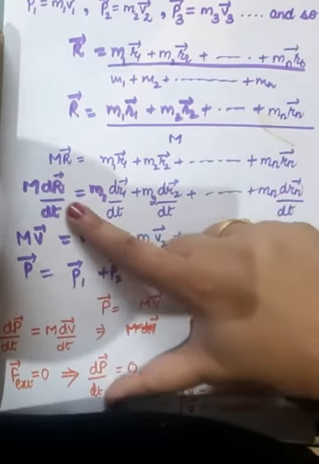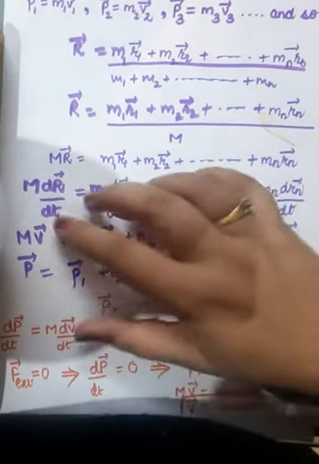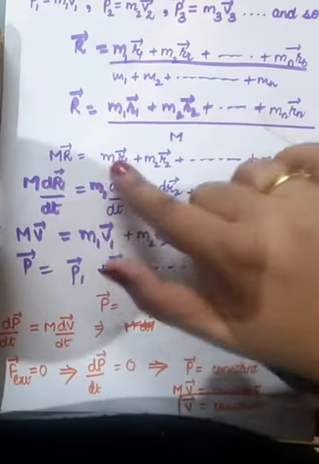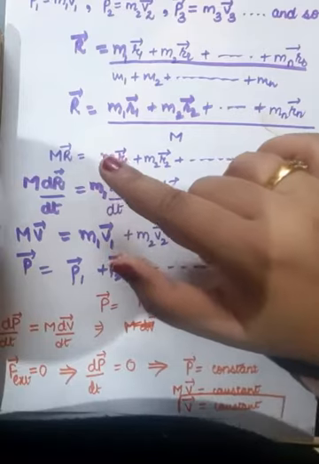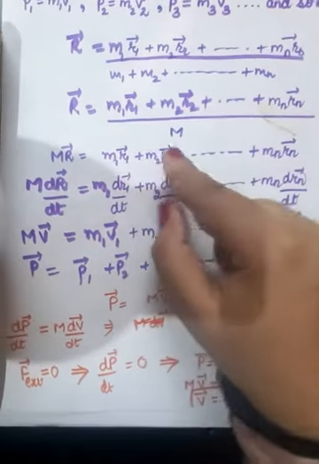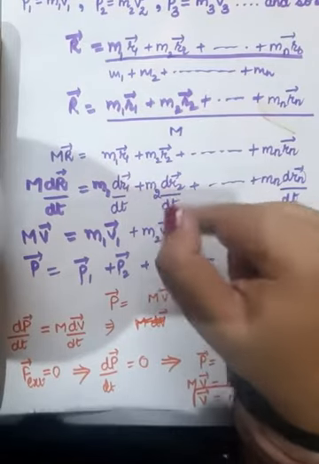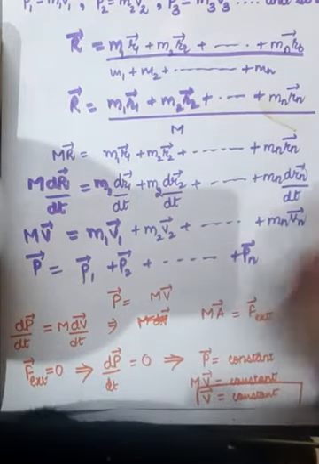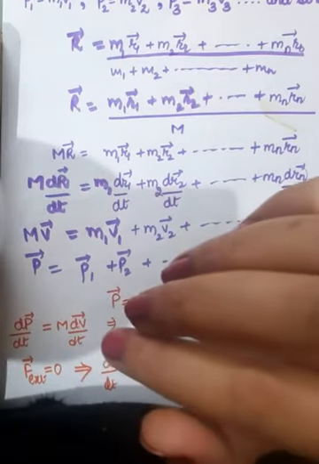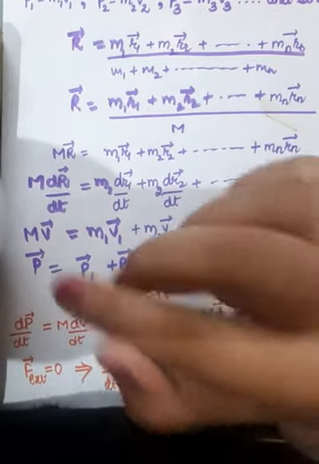When you differentiate it for the very first time, you're going to get this equation M dr vector by dt, and since mass is a constant, it can be taken out of differentiation, and r1 vector, r2 vector, these can be differentiated like this. But dr by dt represents displacement per unit time, which is velocity, right?